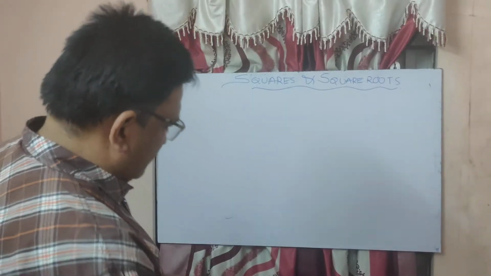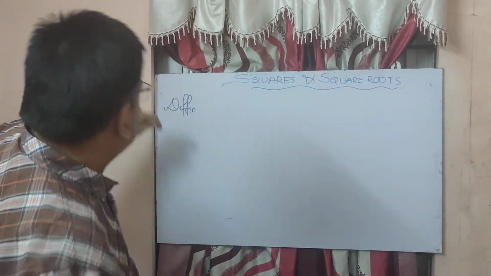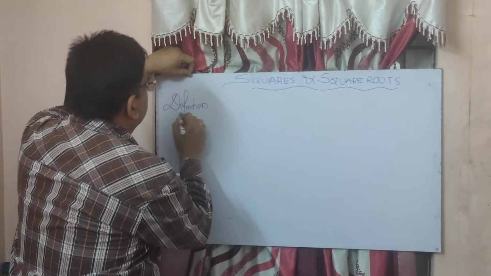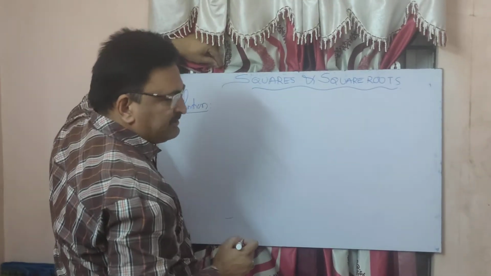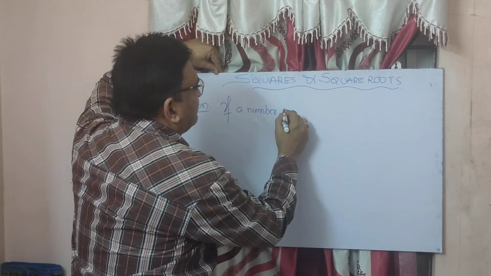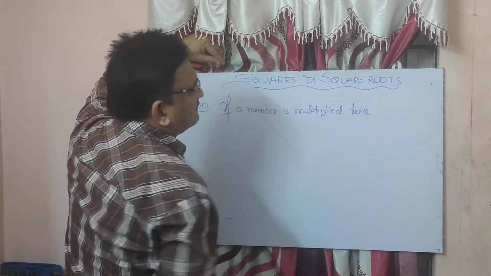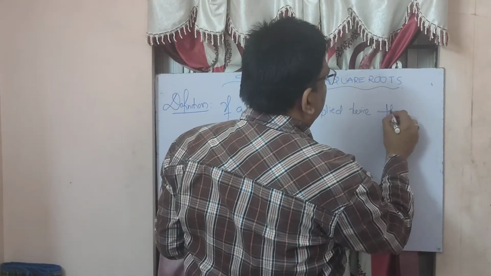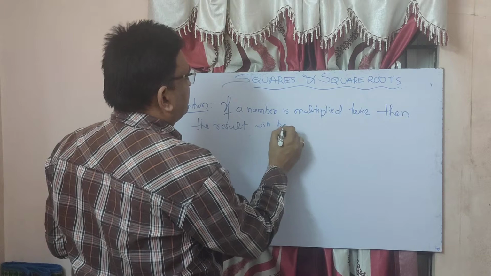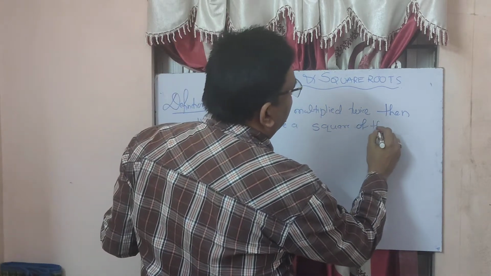Before that, let us understand the definition of square. Definition of square: if a number is multiplied twice, then the result will be a square number, the square of that number.